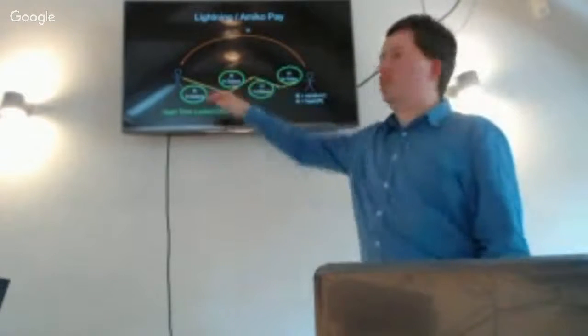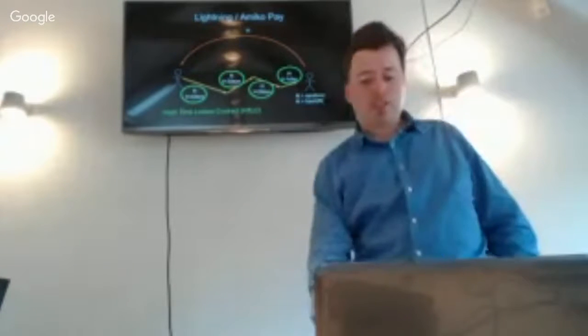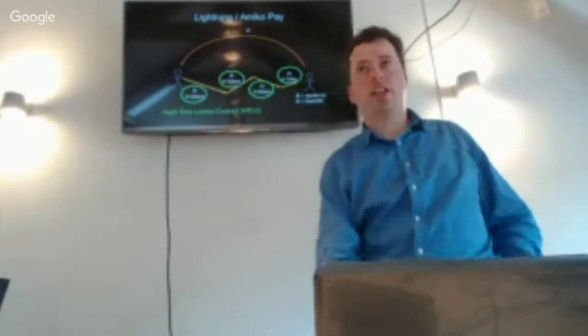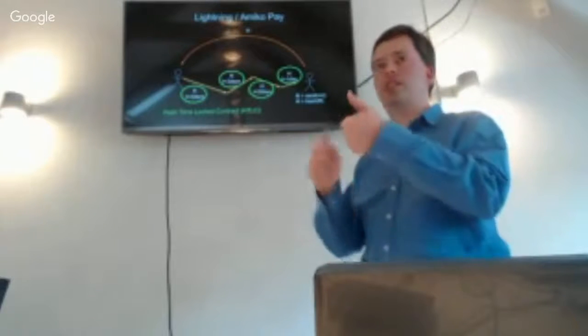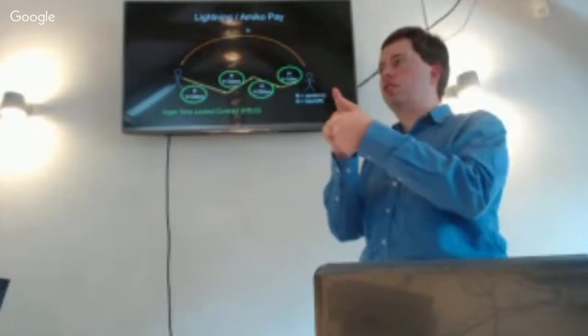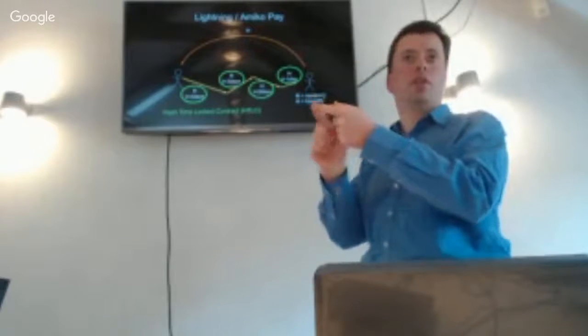So each of them has a slightly different timeout, but in every individual link you have this hash timeout contract that specifies the hash of the secret token and the timeout value.